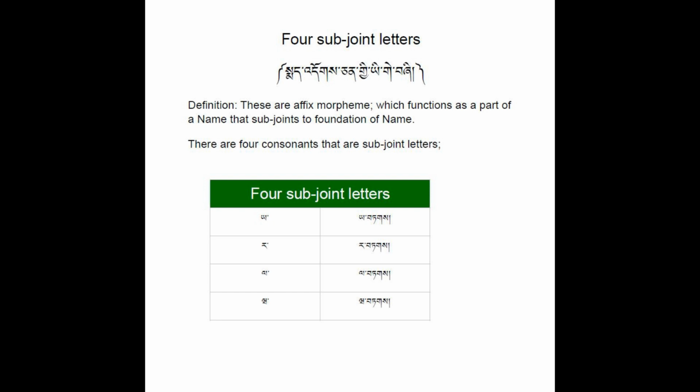One of the more common ones is the ha, and you may have seen this with the usage here, like this. So you see that there's ha, which functions as the subjoined letter.